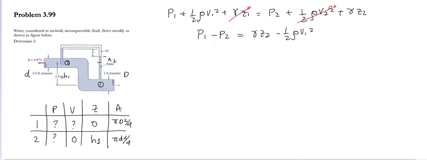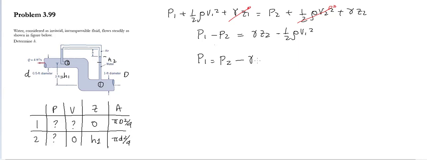Okay. Now what we're going to do is calculate the pressure difference using hydrostatic pressure. So we start at point 2. So we say P1 is equal to P2. And then we go up, so it's negative. And we go up to this point over here. And this point is filled with water.